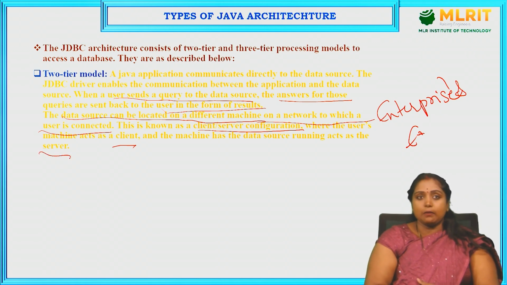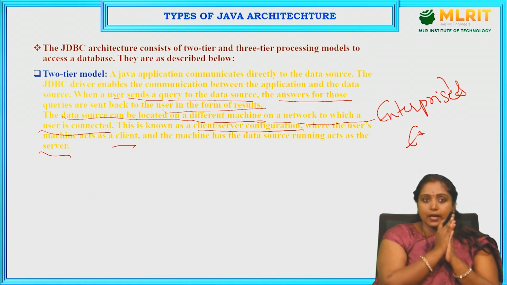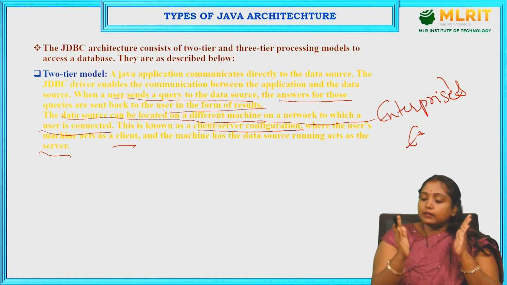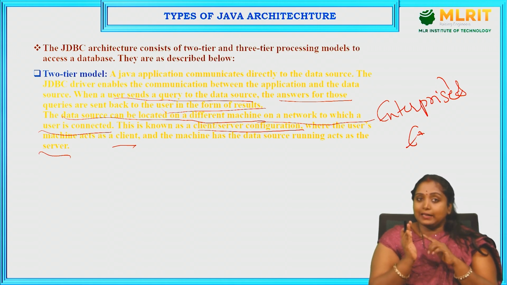This is the two-tier model. The user who is writing the application and the database system have to be on the same network, and they can communicate directly with each other.